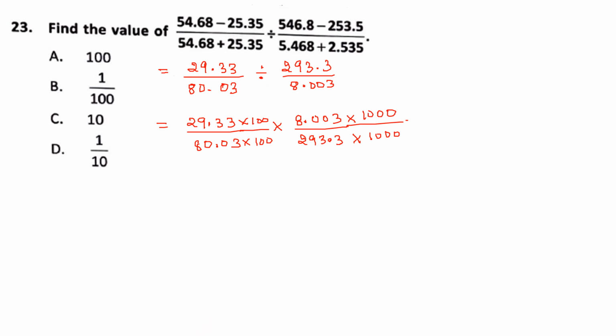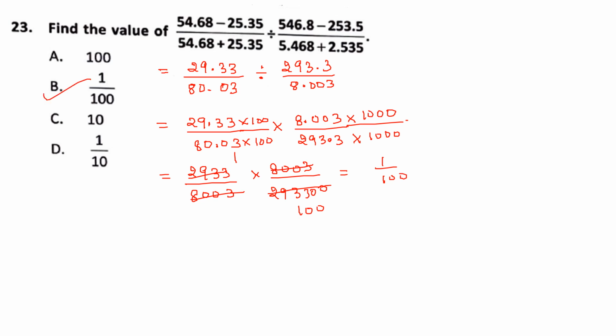So from here I will get the answer as 2933 divided by 8003 into 8003 divided by 293300. Now from here easily I can cancel it out, and this will be 100. So from here I will get 1 by 100. So my answer is option B.